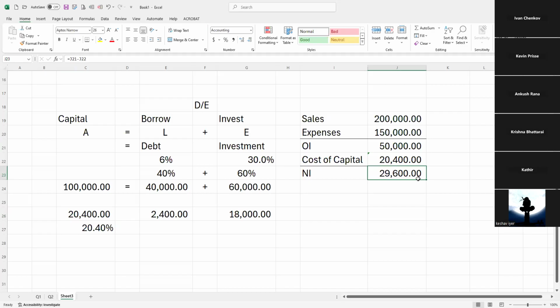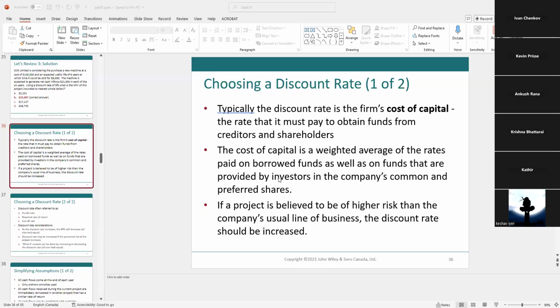Yes. All right. So now you understand what the cost of the capital is. Let's go back to the slides. That's a very simple explanation of the cost of capital, but I hope it makes sense.